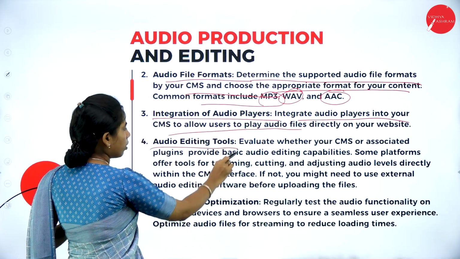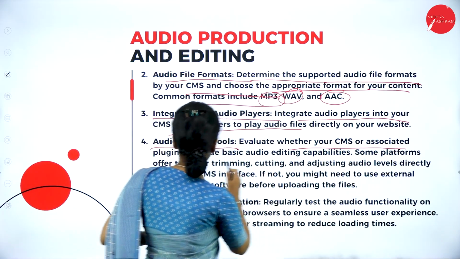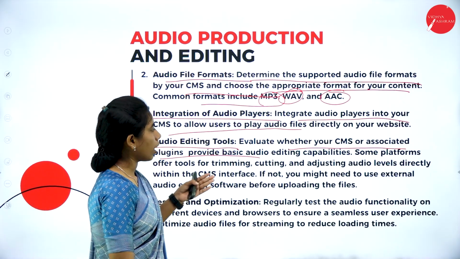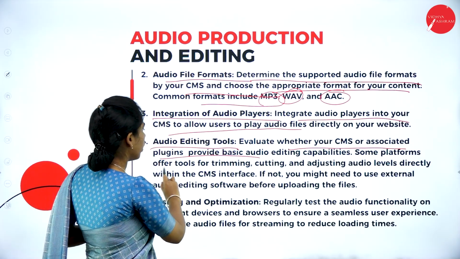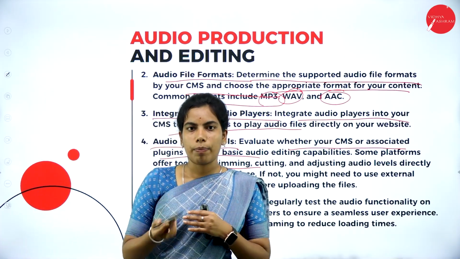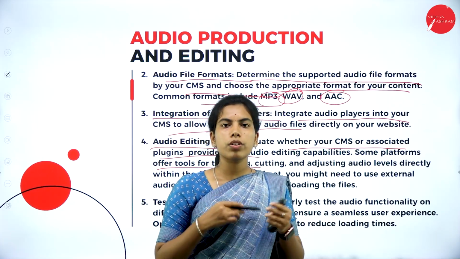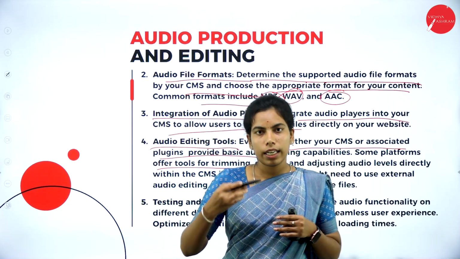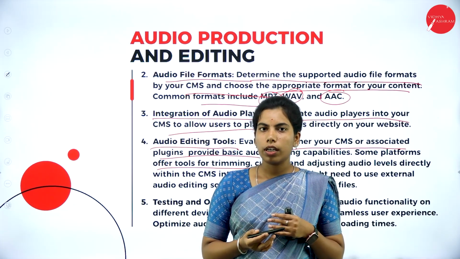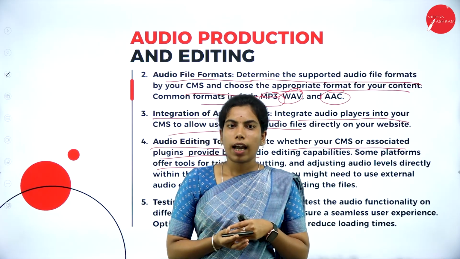And audio editing tools. Evaluate whether the CMS or associated plugins provide basic audio editing and what capabilities. Some platforms offer trimming and cutting. If we want to trim without an app or application, we can trim or remove noise using some AI tools or online tools, right? If I search how to trim audio on Google, it will list some websites that are freely accessible, right?